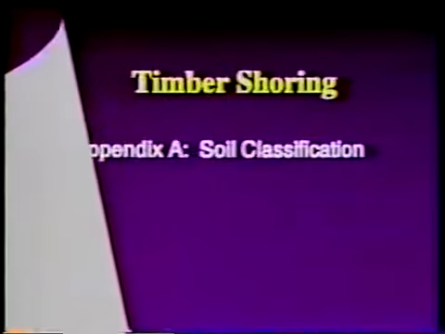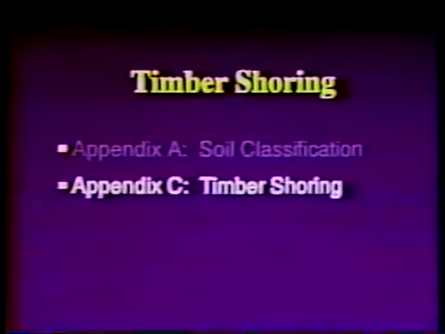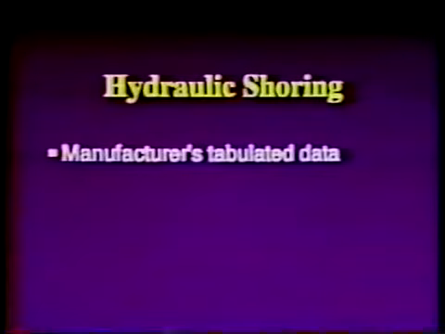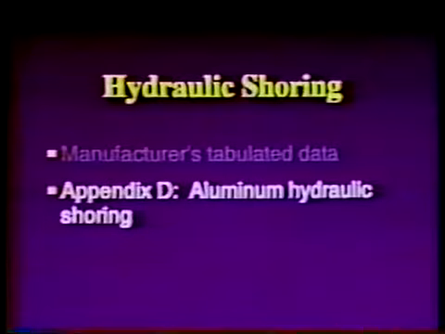The first option is to use Appendices A and C or D. For timber shoring and trenches, Appendix A, soil classification, and Appendix C, timber shoring, are to be used. Hydraulic shoring of trenches calls for use of either Option 2, manufacturer's tabulated data, or Appendix D, aluminum hydraulic shoring. Appendix D is to be used when manufacturer's tabulated data are not available.